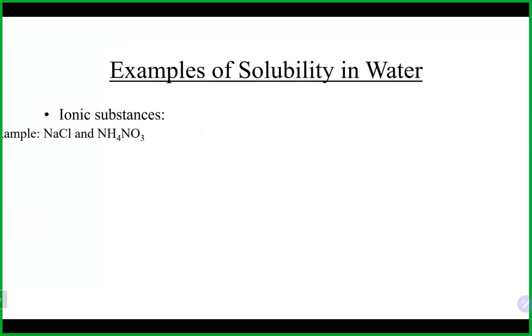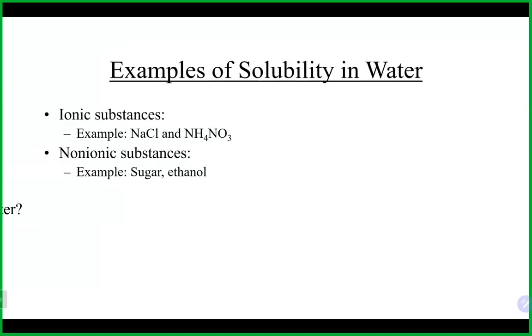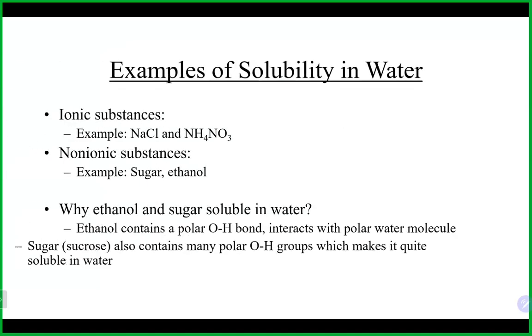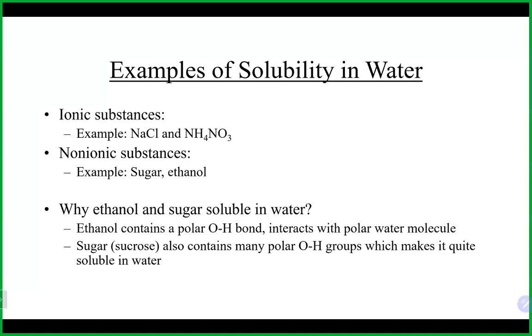So let's talk a little about solubility of things in water. And obviously, if something is soluble in water, what that means is it will be able to interact well with water. So one of two things could happen, right? If we're talking about a solid and water, that means that the solid will dissolve, right?